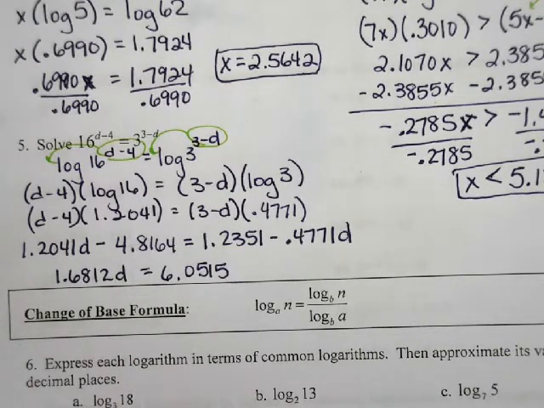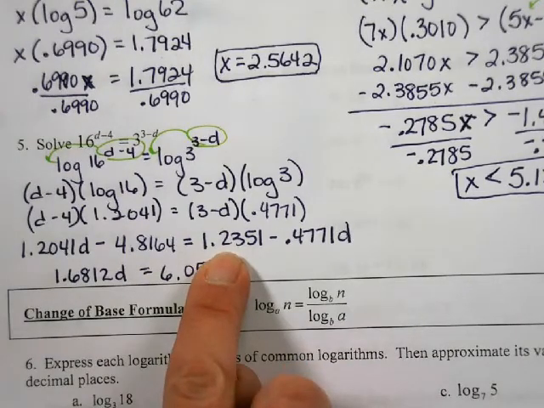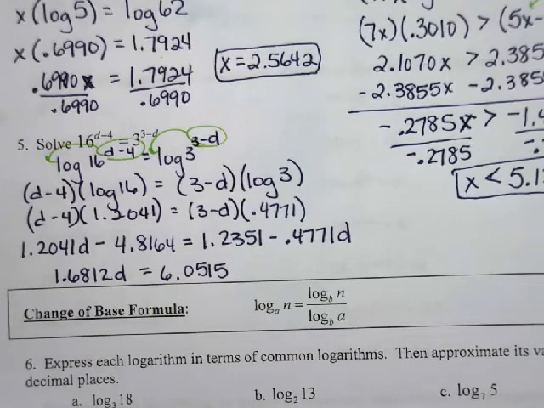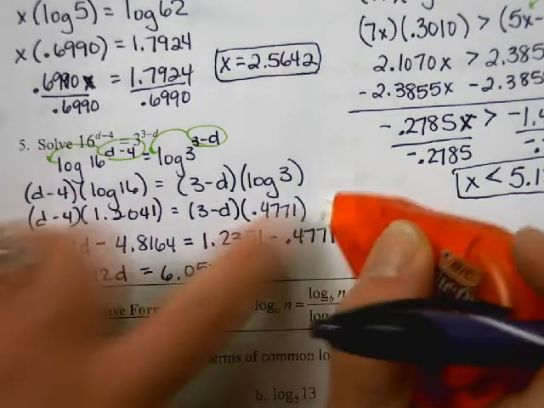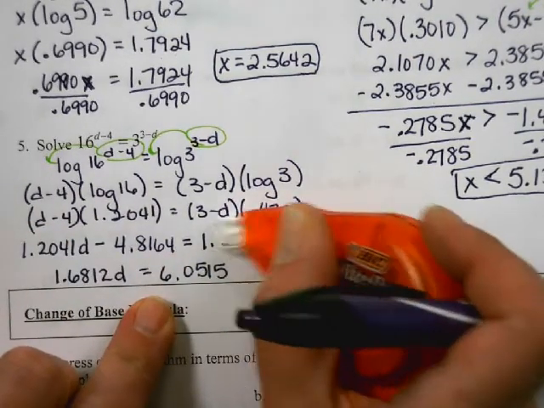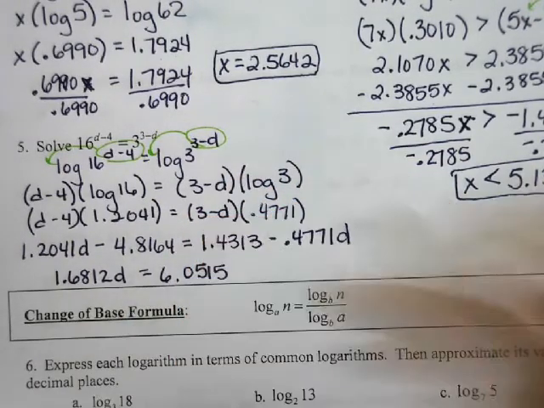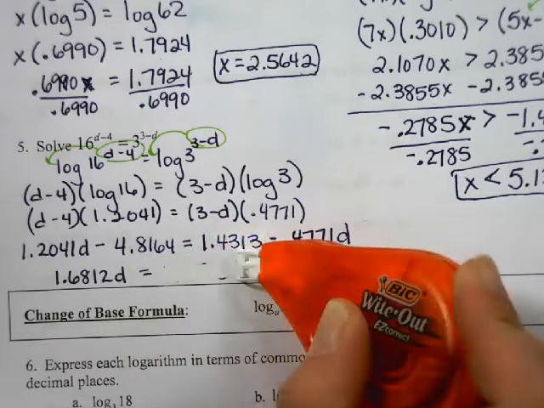I don't know if I typed it in correctly or not. I may have messed up with my numbers. Yeah, I did. I did 117. Oy, oy, oy. It should be 1.4313, which means that number changes.